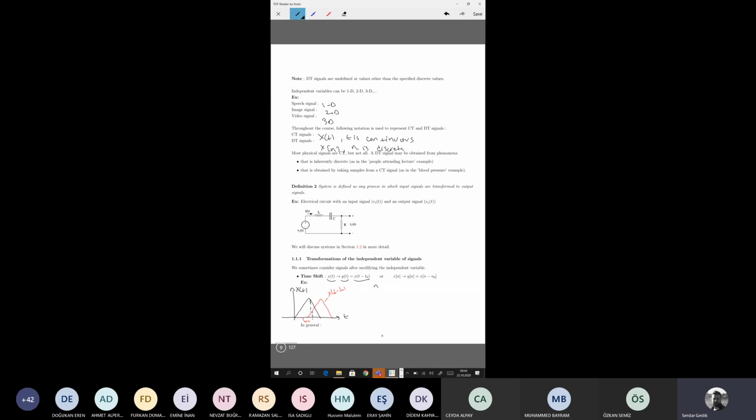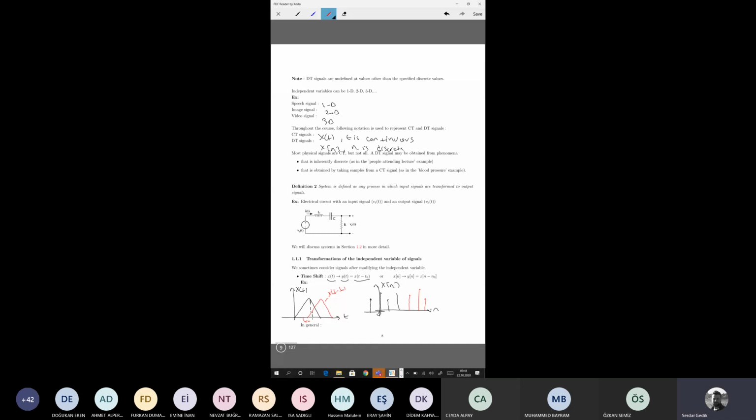If I have a discrete signal x of n, and it is like this, and I shift the signal and obtain x of n minus n0, let's say n0 is a large number, not to confuse those two graphs.